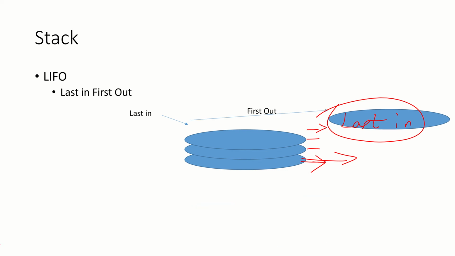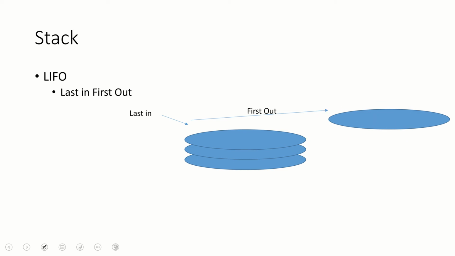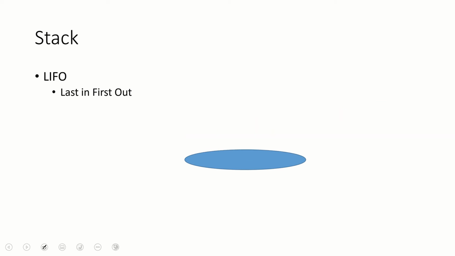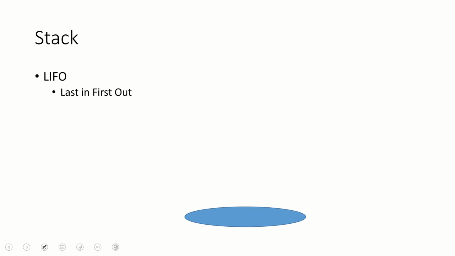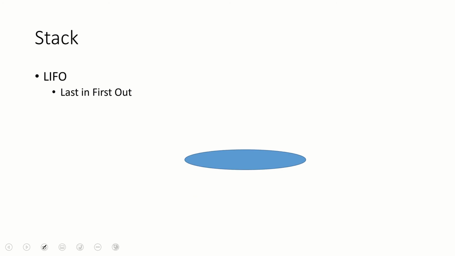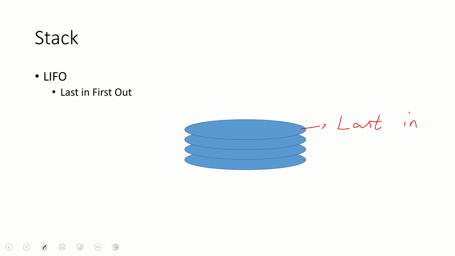So let's do this one again. If we want to do the stack, we stack each one on the top, on the top, on the top. This is the last one we put in, so it's last in.